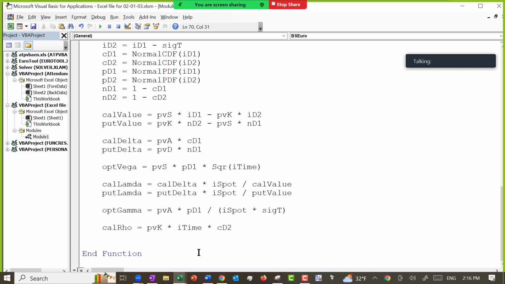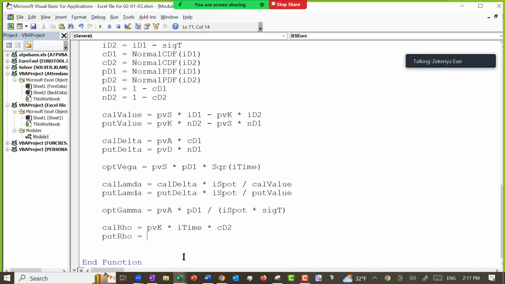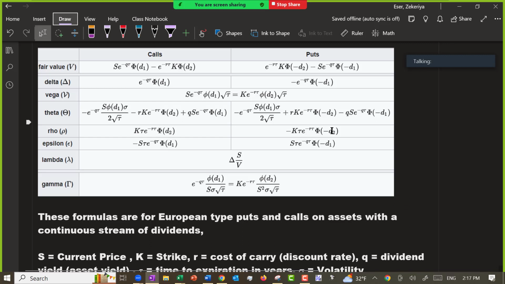Put rho equals, it's negative, but this time with D2, negative PVK times time times ND2. Yeah. Epsilon is similar, except with PVS.